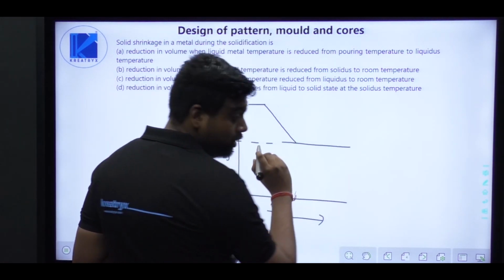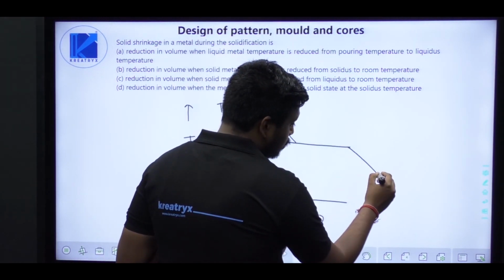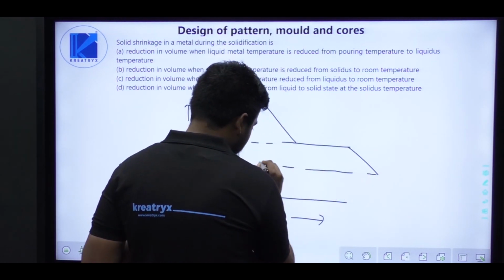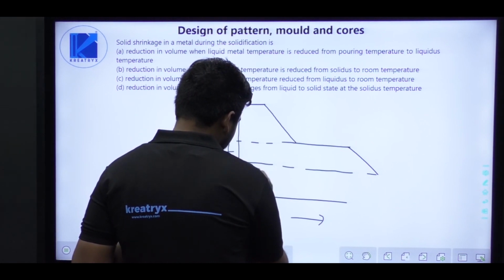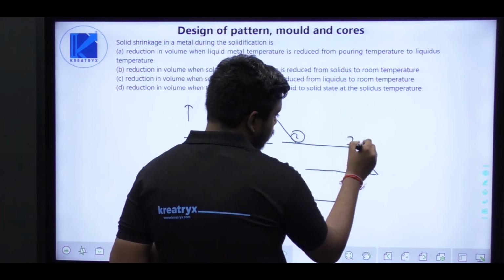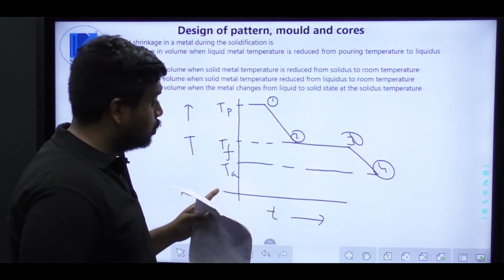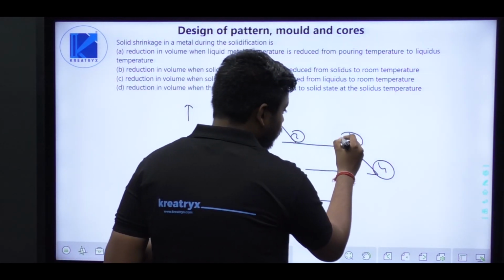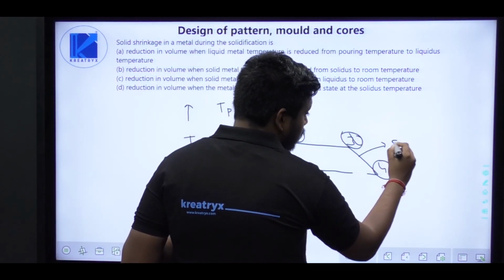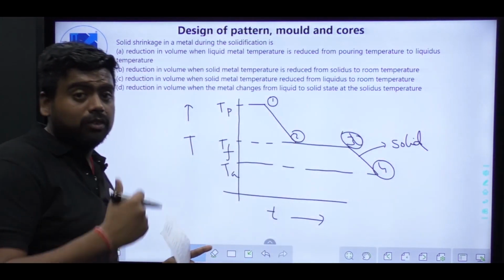At temperature Tf only, phase transformation takes place, and it further moves to temperature Ta, that is ambient temperature. It was 1, 2, 3, and 4. Solid shrinkage is associated with this part, 3 to 4, as I have already explained in the previous slide.